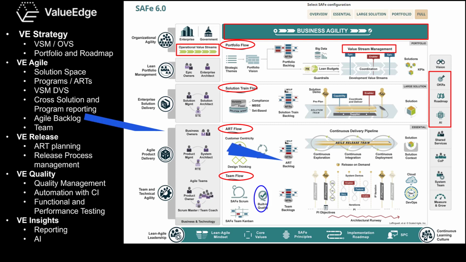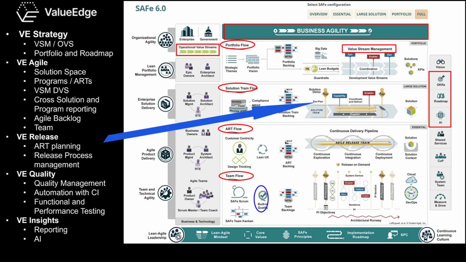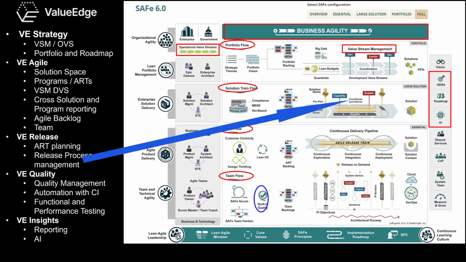Agile backlog management, prioritization of our agile backlogs, planning of our delivery value streams, and going down to the team level where we'll manage our team capacity, team backlog, Kanban boards, ceremonies, etc. Then we go to the ValueEdge release module where we'll do our ART planning, whether releases, milestones, sprints, etc. And also release process management, where we'll plan our release process.